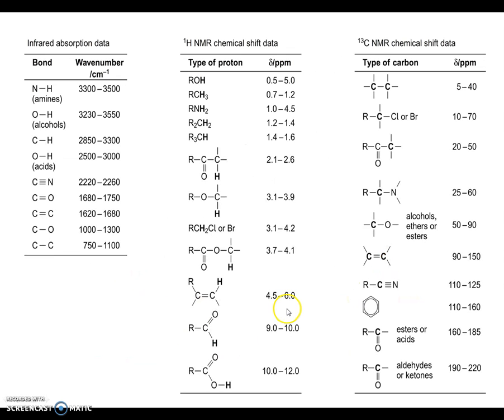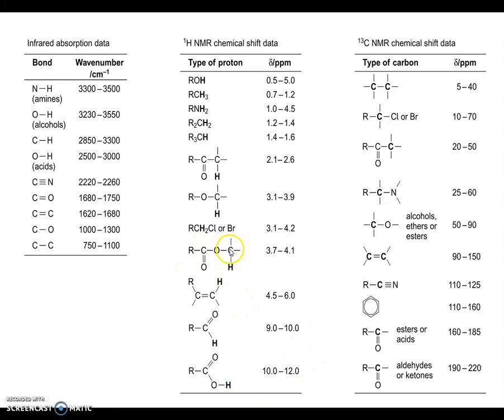Okay. And again, this is the table we need to be concentrating on in our exam. Certainly the one thing to look out for, often confused, aldehyde protons 9 to 10 versus carboxylic acid protons 10 to 12.